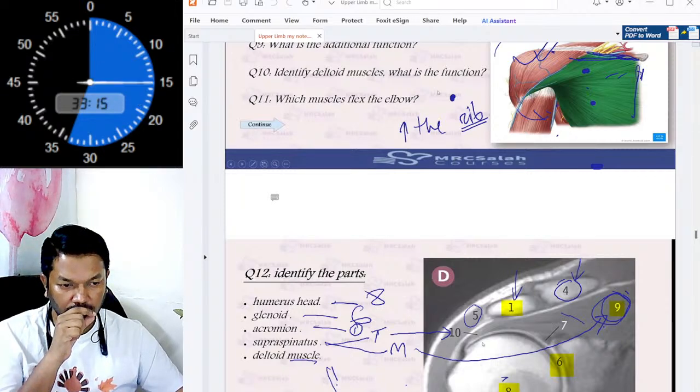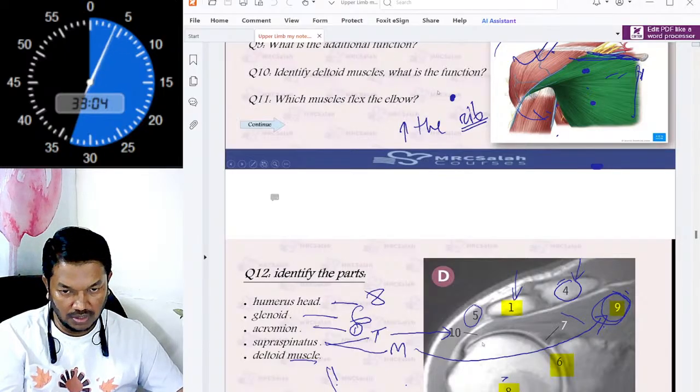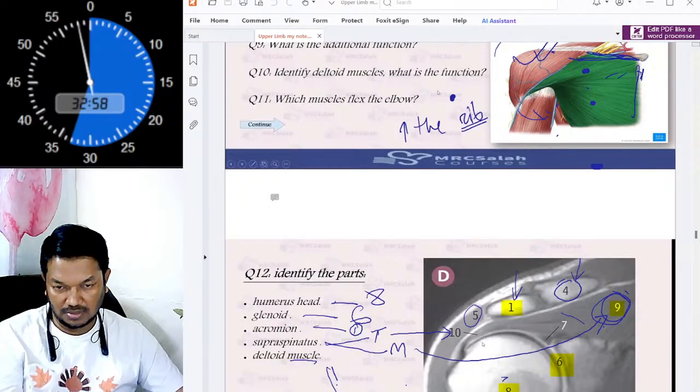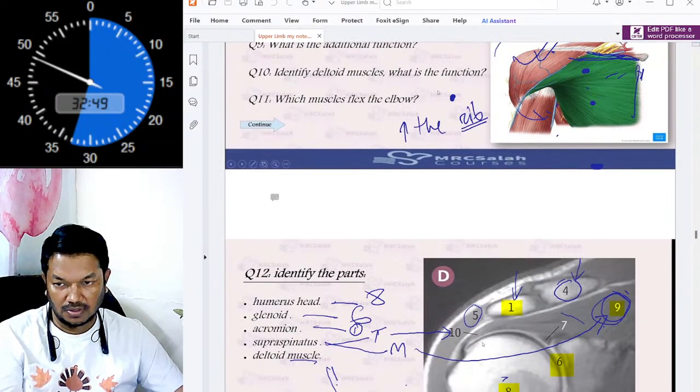Over these things, I can't see the number actually. Okay, number 9, I can see this number 9.